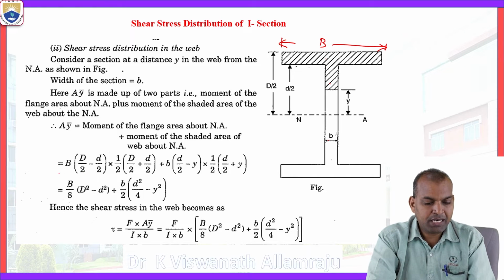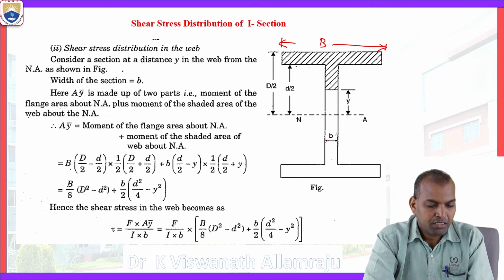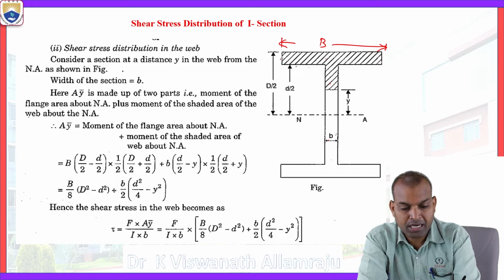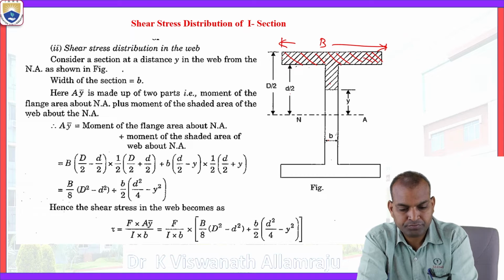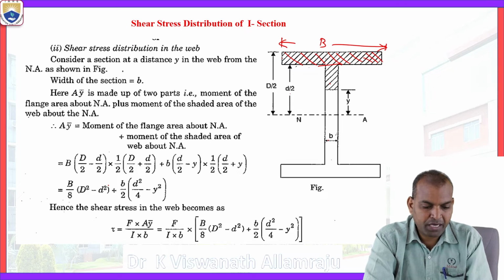Then what is that area? We are going to calculate A y bar directly here. That is B into capital B into (capital D by 2 minus small d by 2) into y bar. What is y bar?